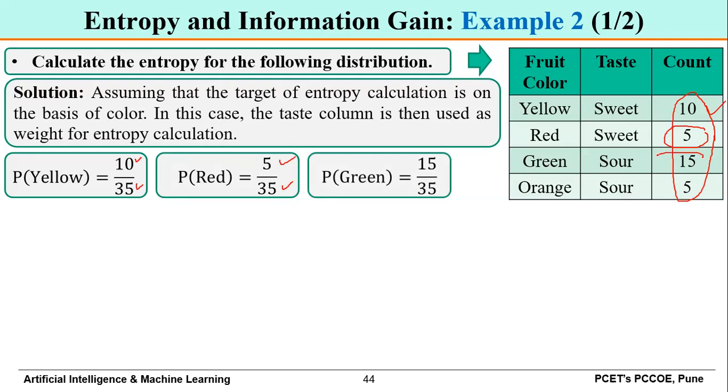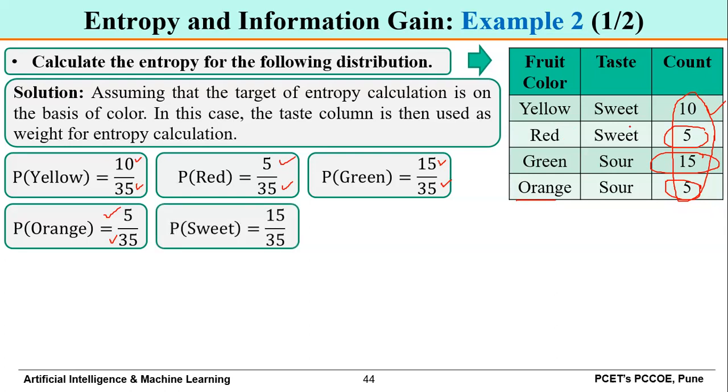Probability of green is 15 green color fruits divided by 35. Then the probability of orange is 5, that is the count for orange color, divided by 35. So for each color we estimate its probability of occurrence.